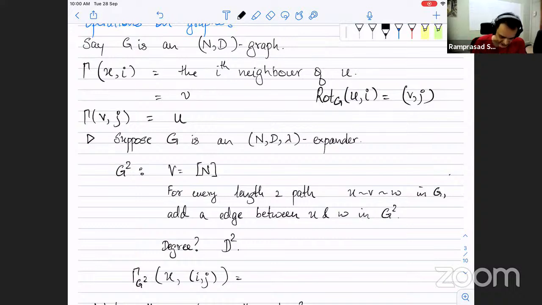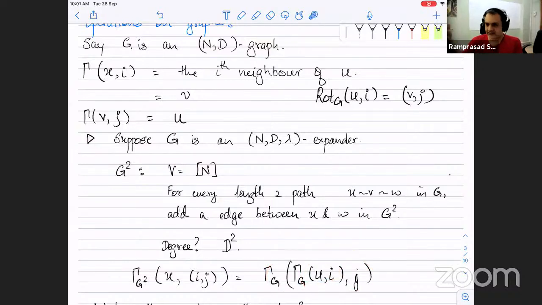First take gamma G of u comma i, and we land at some vertex v. Then I take the jth neighbor of that. I first take the ith neighbor of u, followed by the jth neighbor of wherever I landed. I'm going to call that the ijth neighbor of vertex u in the graph G squared.